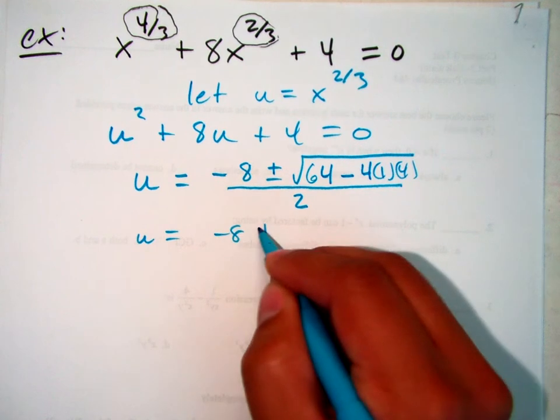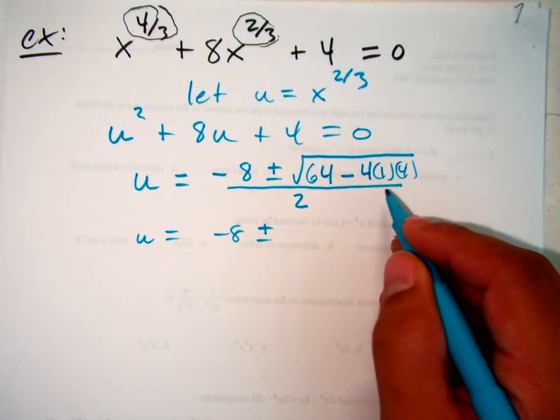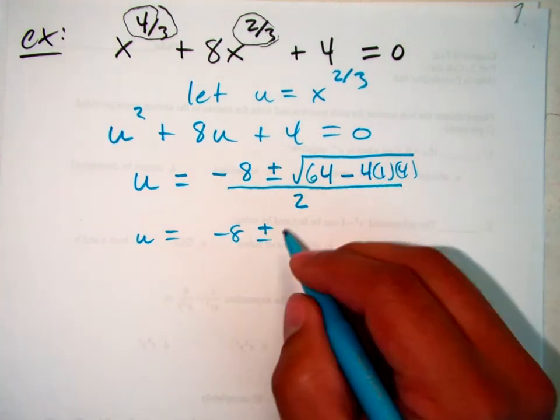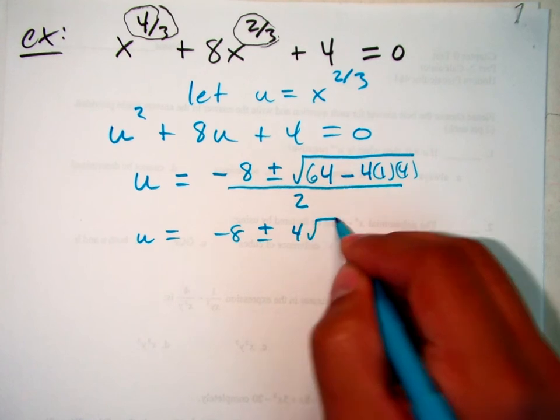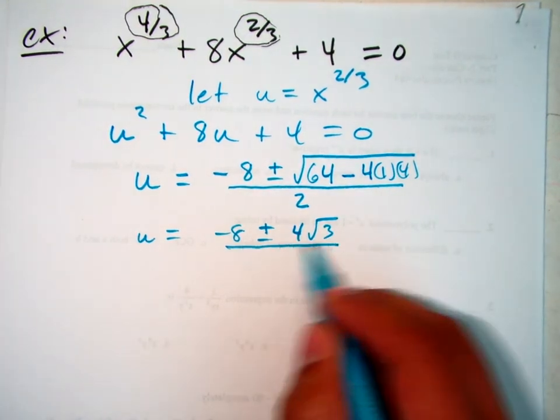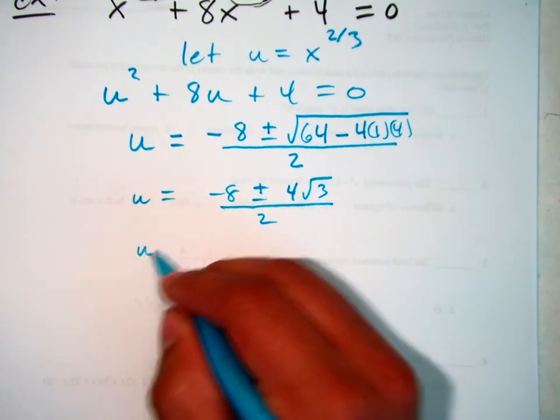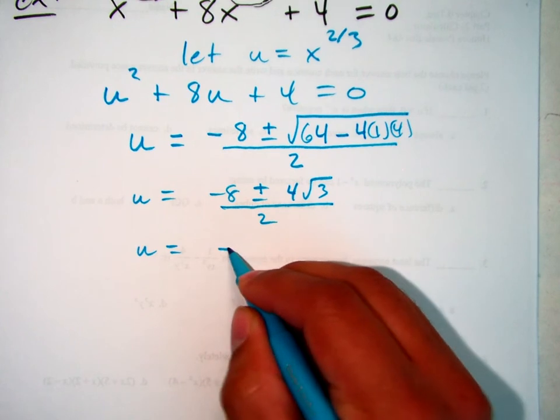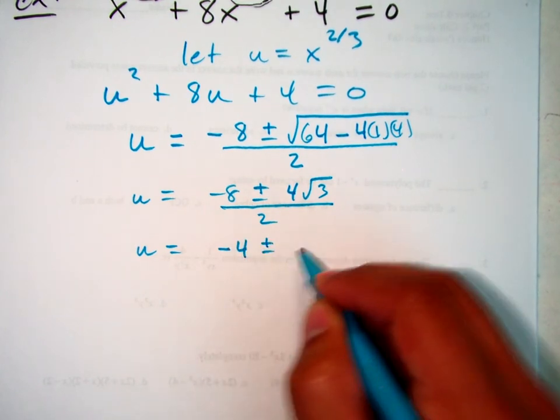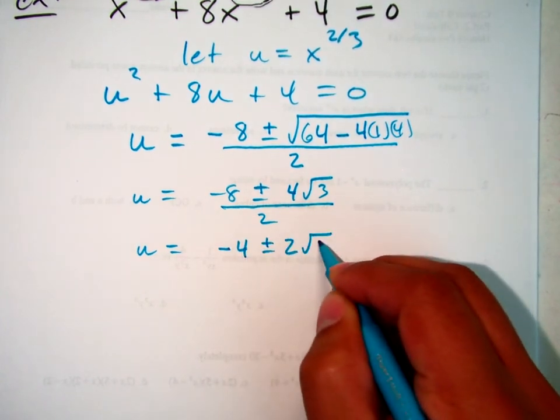We get 48 in the radical? Yes, sir. So 48 is 4 root 3, right? Looks like everything's divisible by 2 again, so u is going to be negative 4 plus or minus 2 root 3.